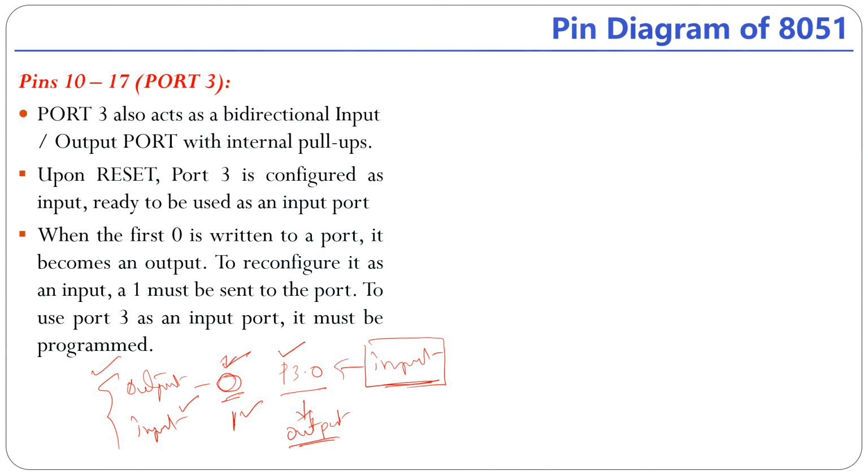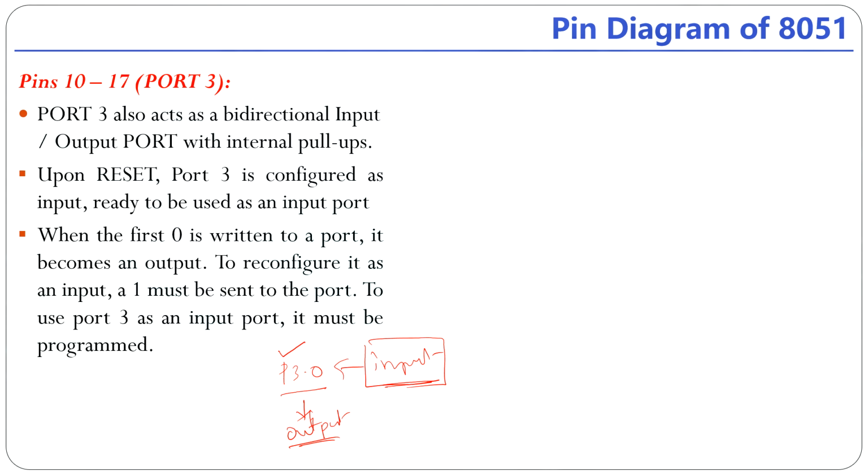After that, based on your requirement, you can configure either output or input by writing logic 0 or logic 1. So this is about the default configuration of the port and how to configure a port line as input and output.